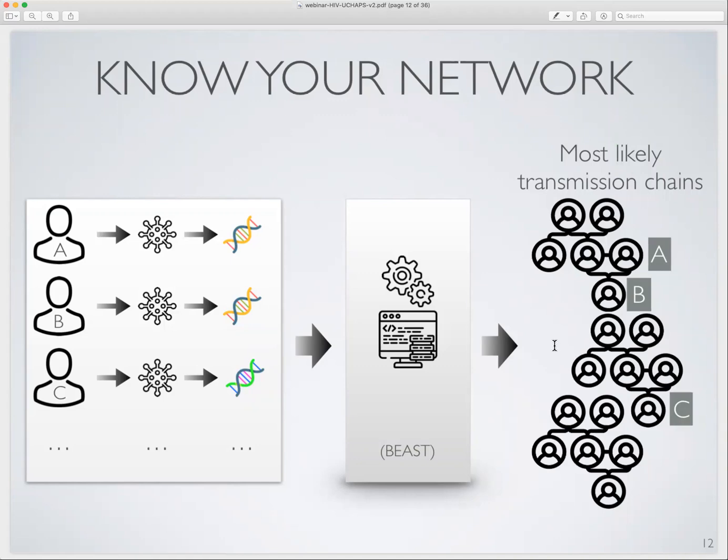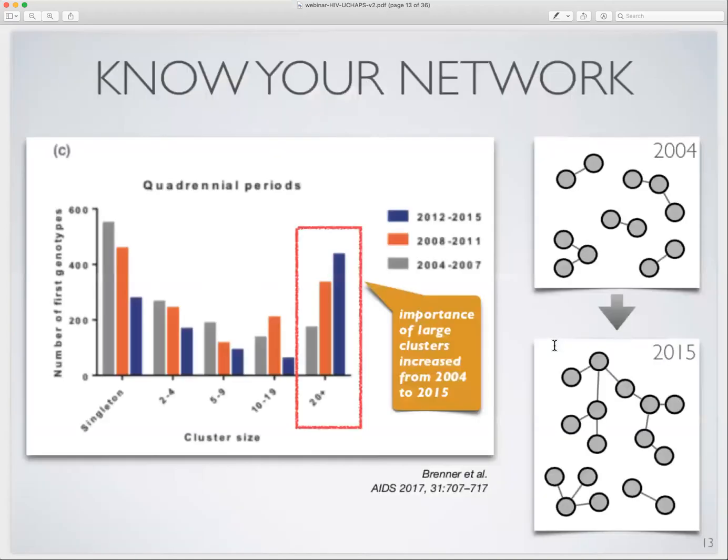So what can we learn from this type of model? For example, in this study, the model inferred that large clusters increasingly gained importance in driving HIV incidence from the early 2000s until today. Such insights into the change of sexual contact network structure can have significant implications in terms of designing interventions or programmatic work and so on.